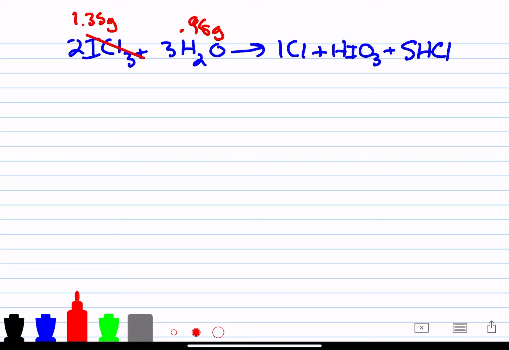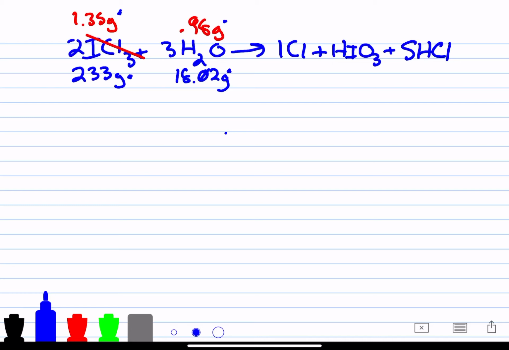The mass for ICl3 is 233 grams per mole, and water is 18.02 grams. So if we were to divide the grams we have by the molar mass for both species, we would find that ICl3 is going to be our limiting reactant.